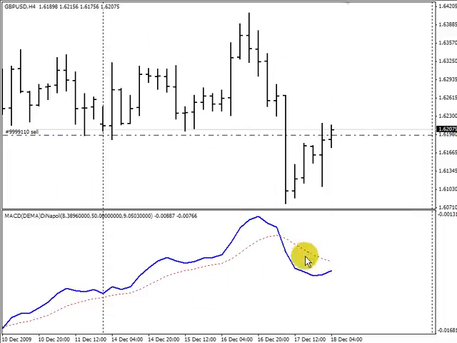If these two lines are crossing to the downside, the most probable scenario is a downward move for the next probable 4 to 8, maybe even 16 hours.